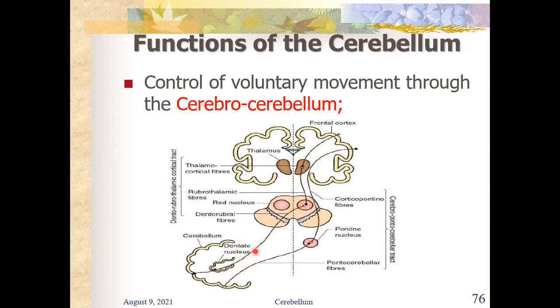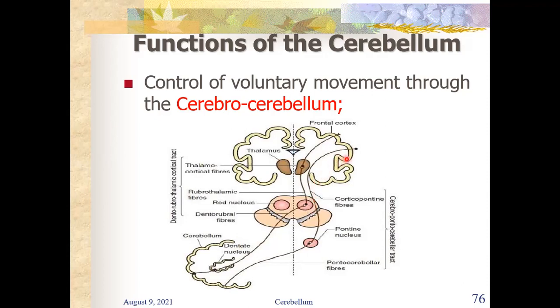You can see the dentato-rubrothalamic cortical pathway from the dentate nucleus to the red nucleus, then to the thalamus, and from the thalamus to the frontal cortex. You can also see the feedback, the afferent coming from the cerebral cortex. This pathway is involved in the control of voluntary movement: the regulation, the planning, the execution of voluntary movement.